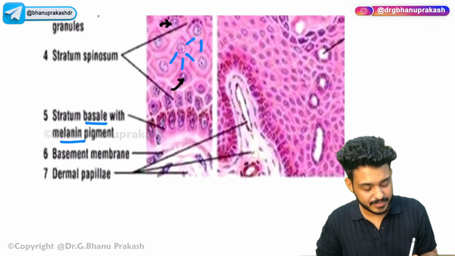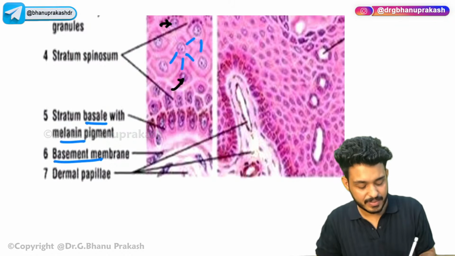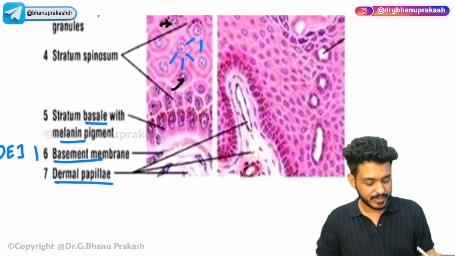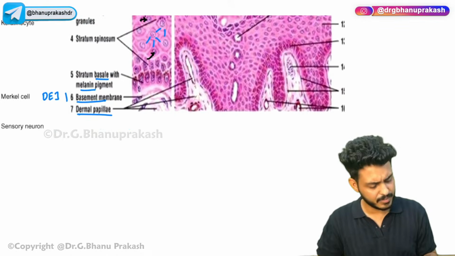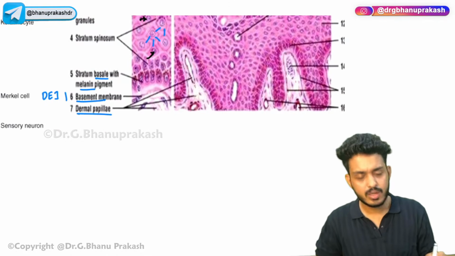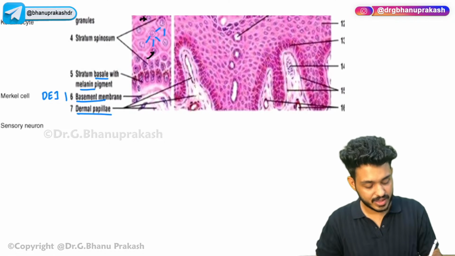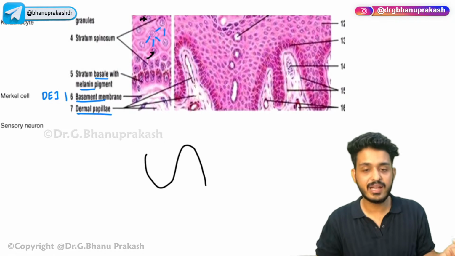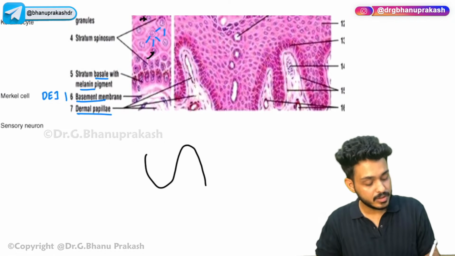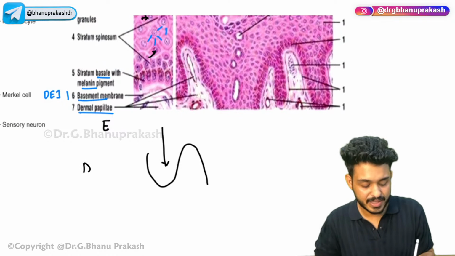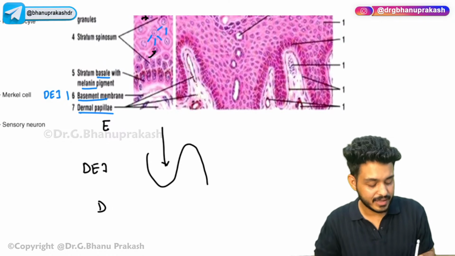Then coming to the basement membrane, which is also known as the dermoepidermal junction. And then coming to the dermal papilla. Sir, what is this dermal papilla? You must have heard about rete ridges and dermal papilla, right? Let me clear it for you. Whatever part is above is epidermis, then there will be the dermoepidermal junction, and then there will be dermis.